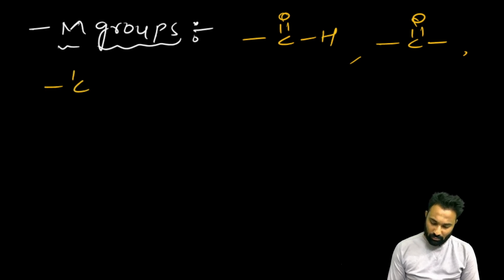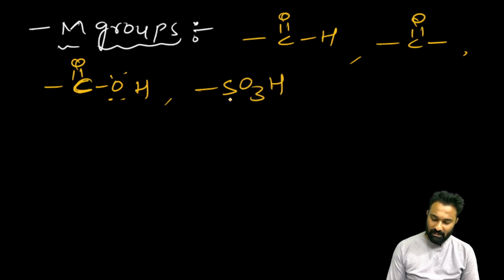Clear? Now this is, sorry, not benzoic acid, this is carboxylic acid. For the carboxylic acid also, the carbon does not contain any lone pair of electrons. Done. Now sulfonic acid. In this sulfonic acid also, sulfur does not contain any lone pair of electrons. How will the sulfonic acid look? Double bond O and O, and this is an H.